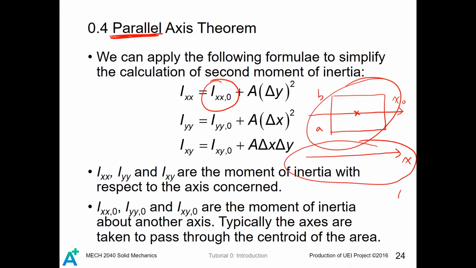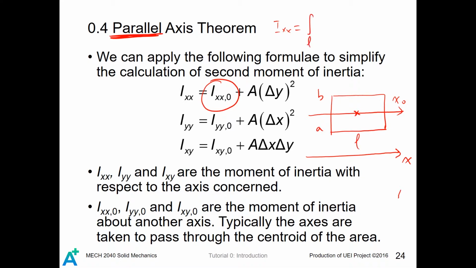You may want to write, okay, it is Ixx equals to, so I call it L, okay, integral of the length L, and the integral from A to B, y squared dy dx. You may want to write the integral in this way, right? Because we have already learned the double integral method, but no, I'm not going to use this method.